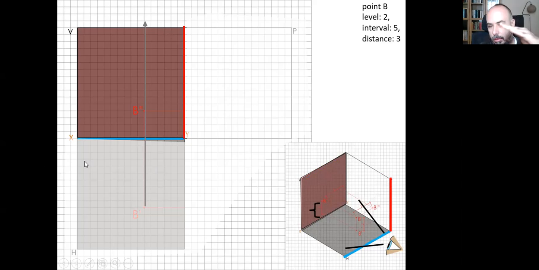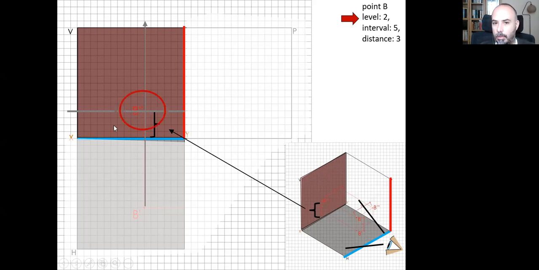Now, in order to locate the exact position of B double prime, I need this length here. It is the level, the perpendicular length between point B and the horizontal projection plane, which is resembled as a line here. So I just need to count two squares up here, and B double prime is just right here. It's the intersection of these two lines. I make my cross and write B double prime.